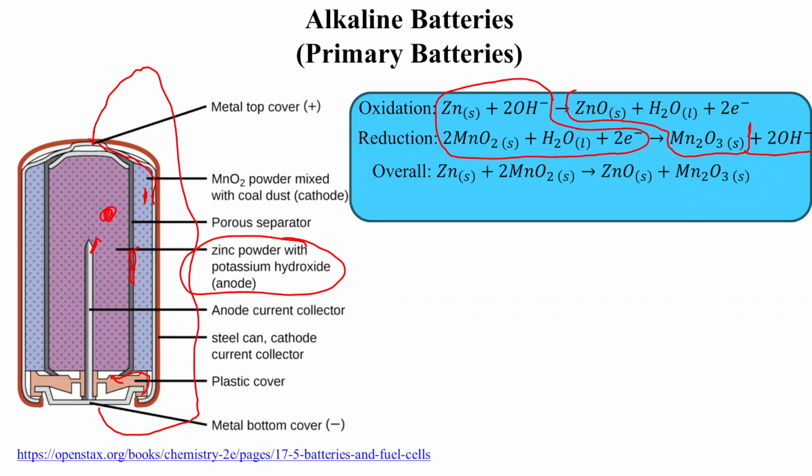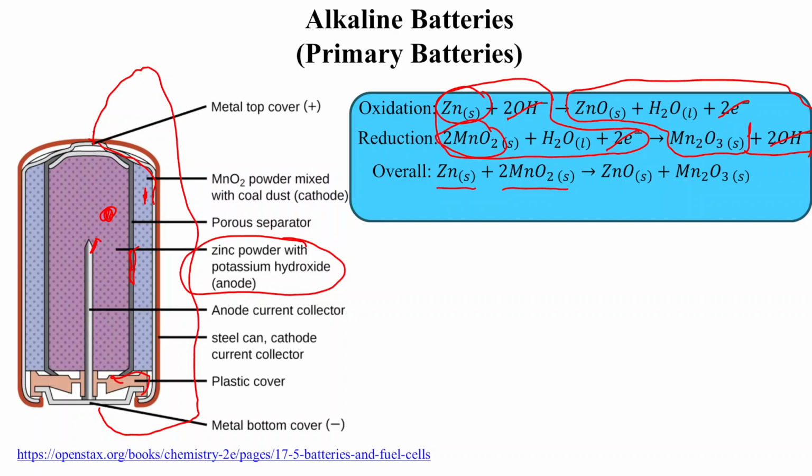And one of the things that you'll notice here is that this one is producing two electrons, and our reduction reaction is consuming those two electrons. And so we can just add these together in a 1-to-1 ratio. So we can bring down our zinc, we can bring down our MnO2, but then we can say, all right, the OH minus is being consumed here, but it's also being produced in the reduction reaction.